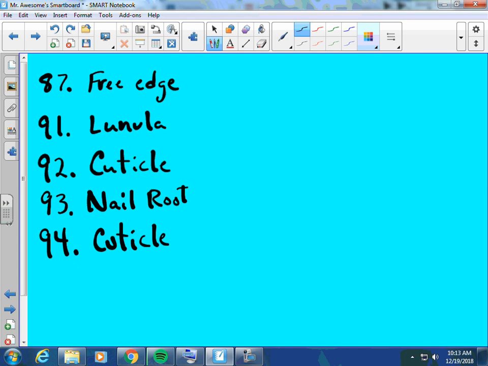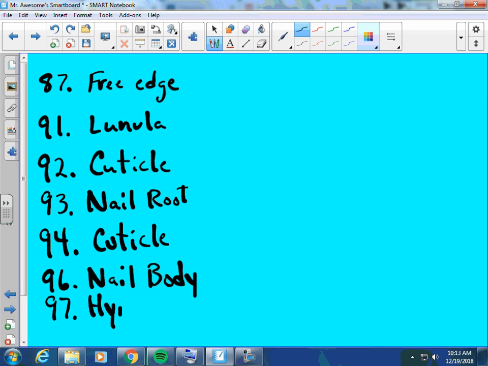Okay. Also, there is 96, which is the nail body. And then 97 is called the hyponychium, underneath the nail.